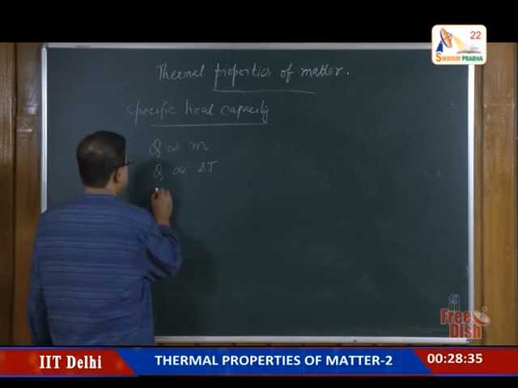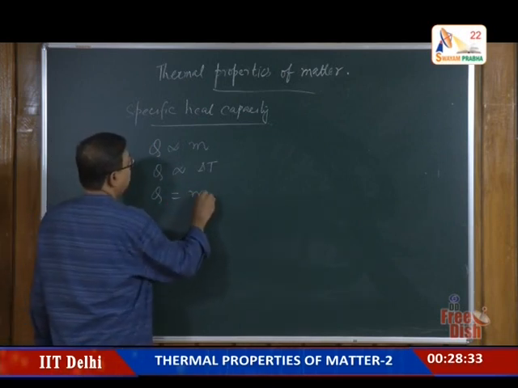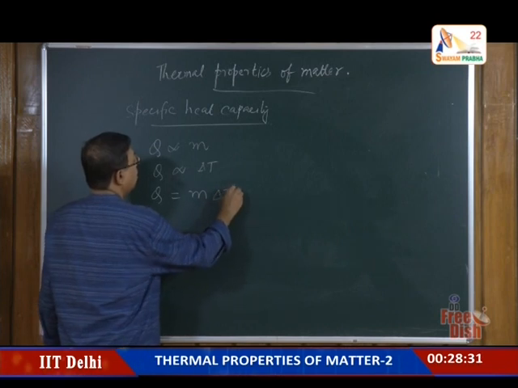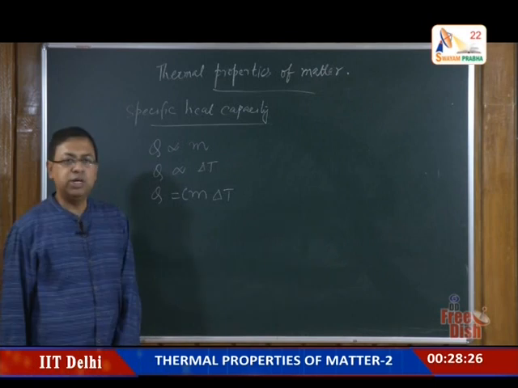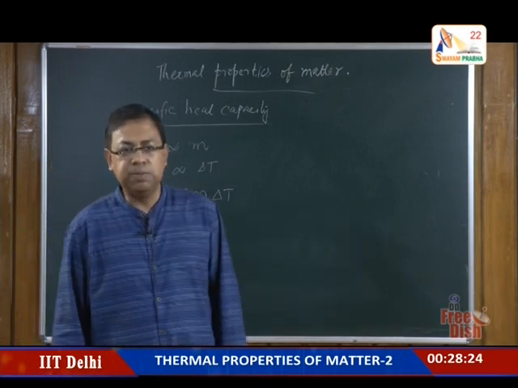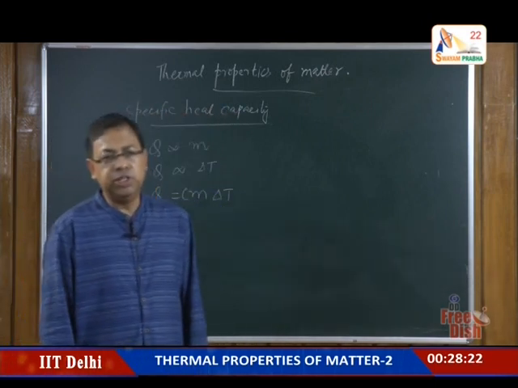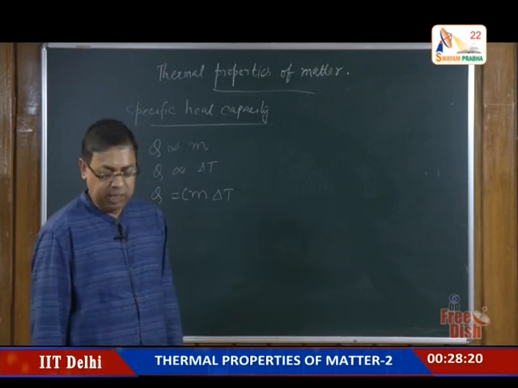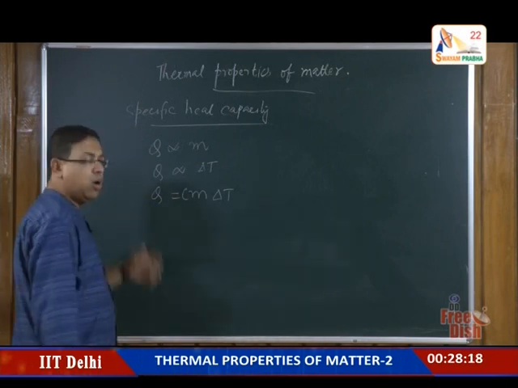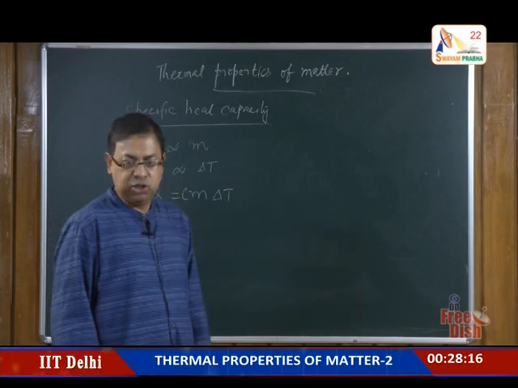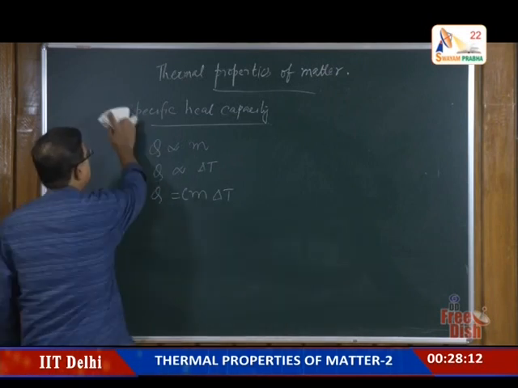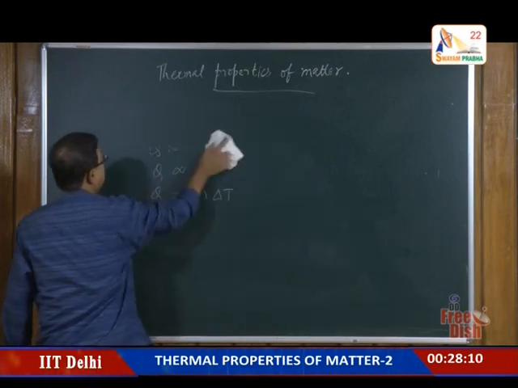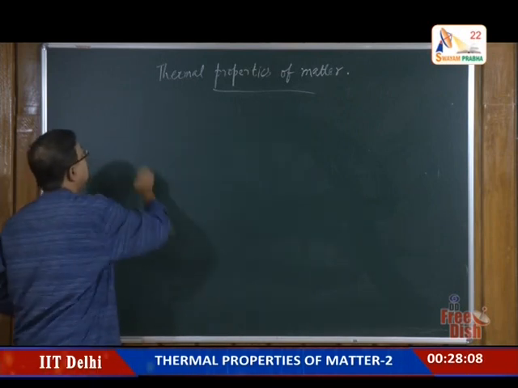So if you write this with an equality, we would need a proportionality constant which is called specific heat capacity, which depends on a particular material. Now let us look at how specific heat capacity is measured. So specific heat capacity is measured by an apparatus called a calorimeter.